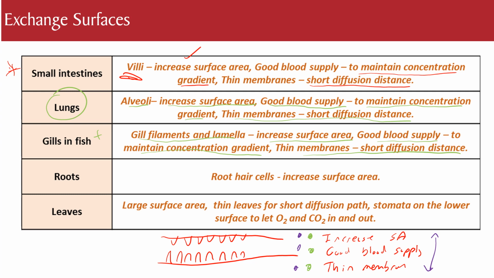Now there are exchange surfaces in plants as well. We've got the roots, which have root hairs to increase the surface area, and we've got leaves. Leaves have a large surface area, are thin for a short diffusion pathway, and have stomata on the lower surface to let oxygen and carbon dioxide in and out.